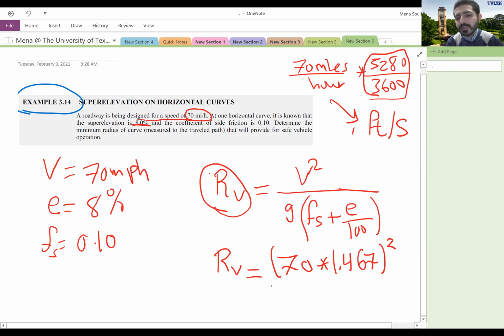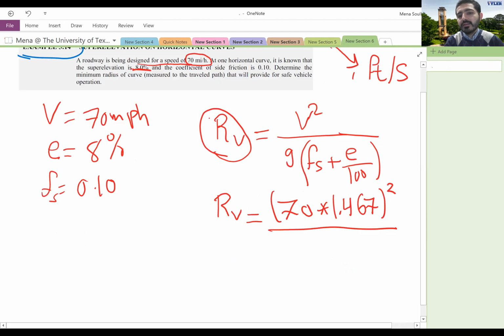So that's the speed squared over g, and that is 32.2, the gravitational coefficient, times fs, which is 0.1 and is unitless, plus e over 100. E is 8 over 100, so that's 0.08.